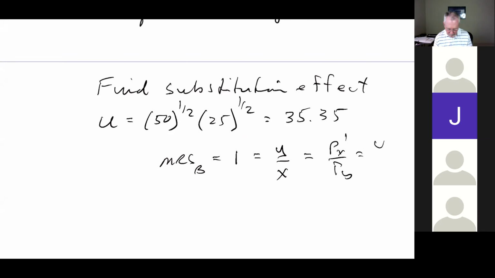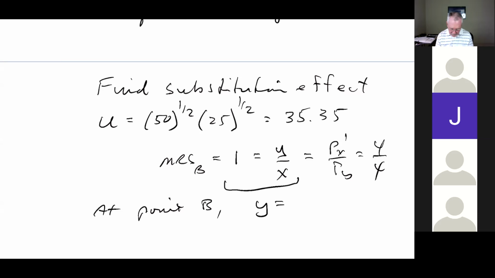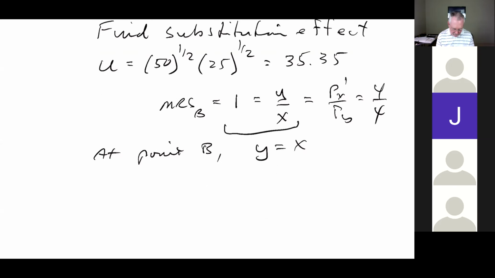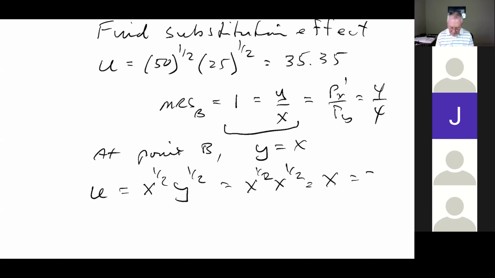All right, so if this has to hold, then at point B, Y must be equal to X, since their ratio is equal to 1. Now, that means my utility function, which is the square root of X times the square root of Y, if Y is equal to X, just becomes X to the 1/2 times X to the 1/2, which is just X, and that has to be equal to 35.35.